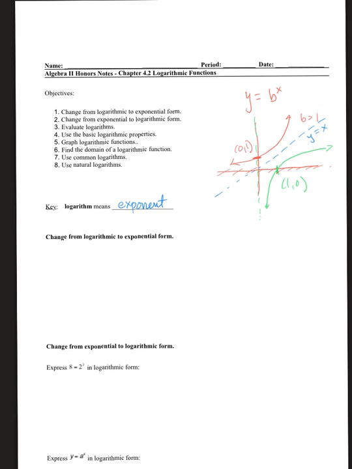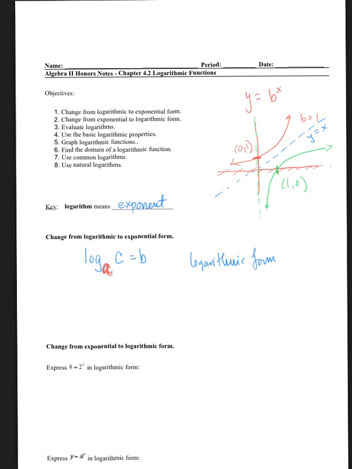So if I want to convert from logarithmic form to exponential form, what we need to keep in mind is that if I have log base a of c equals b, this would be logarithmic form. I can convert that to exponential form by taking the base of the logarithm.